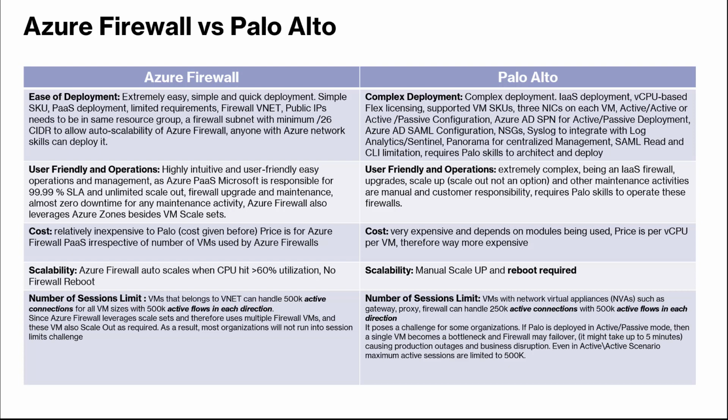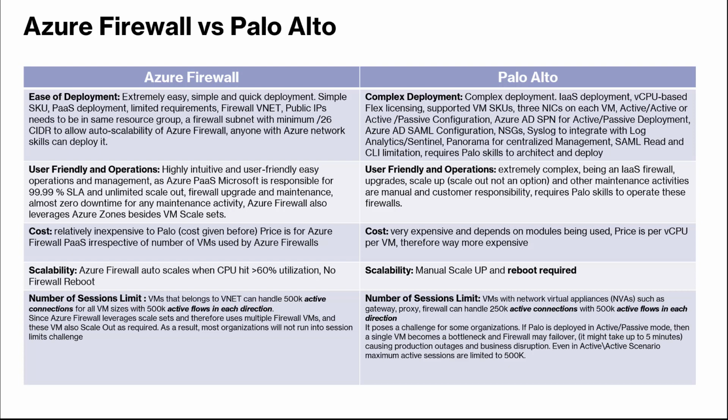When I say Azure Firewall, ease of deployment is extremely easy. It's as quick and simple as possible, and you could do it multiple ways. You can do it in a GUI, CLI, PowerShell, you can use Terraform, ARM templates, whatever you want. It is a very quick, very simple deployment. Requirements are also very minimalistic. You don't need a whole lot.